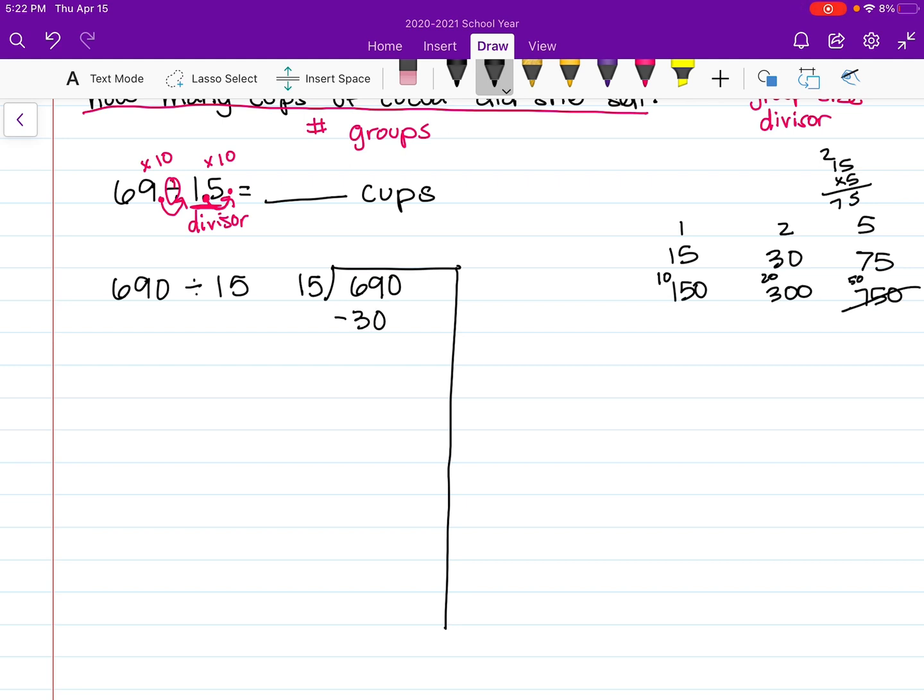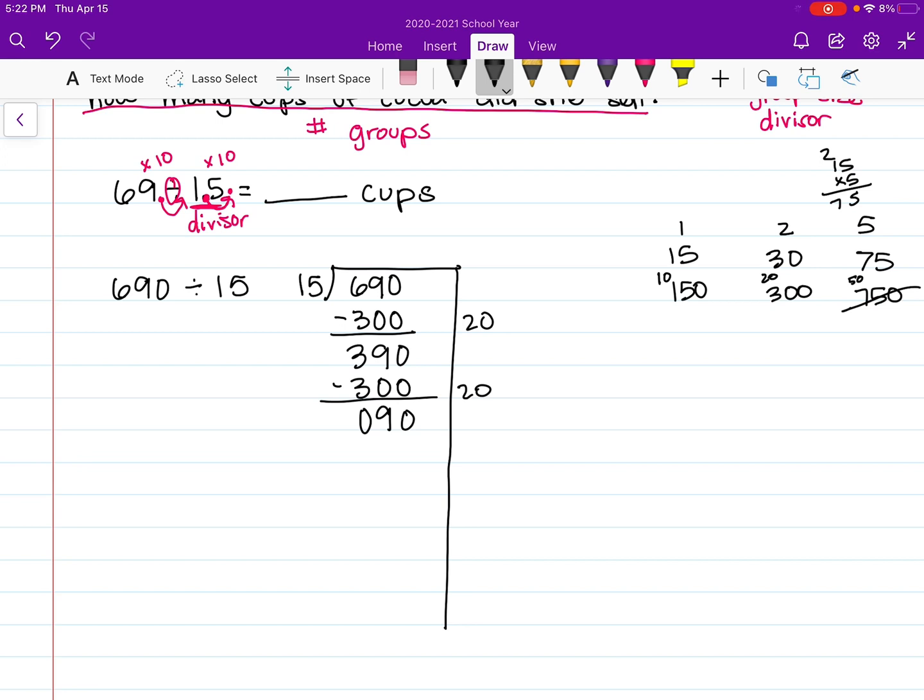So I'm going to subtract 300, which is 20 groups of 15. So 0 minus 0 is 0, 9 minus 0 is 9, and 6 minus 3 is 3. So I have 390. Again, I'm going to take away 20 groups of 15, which is 300. So I'm subtracting 300. 0 minus 0 is 0, 9 minus 0 is 9, and 3 minus 3 is 0.